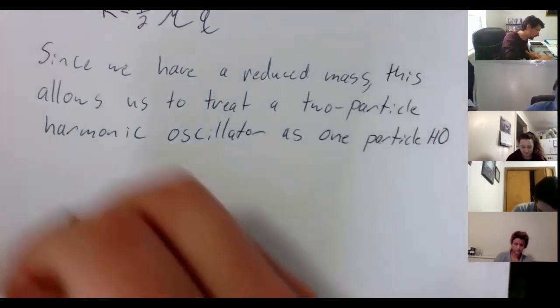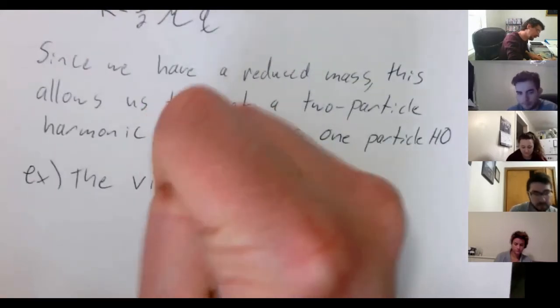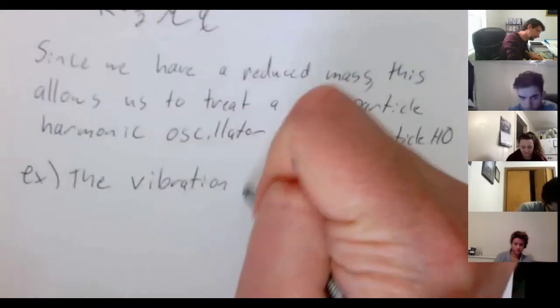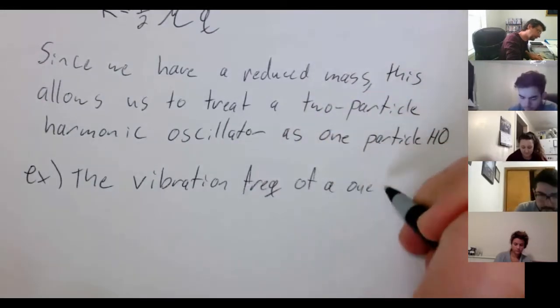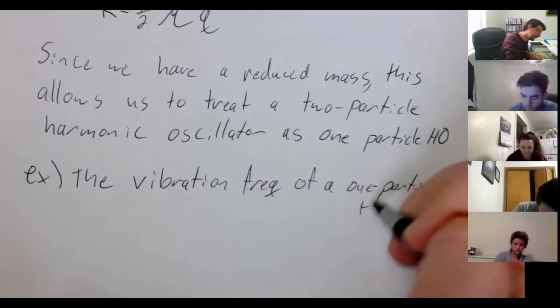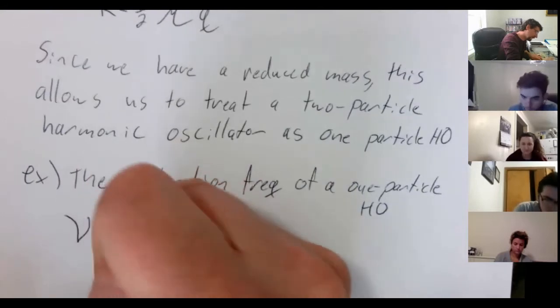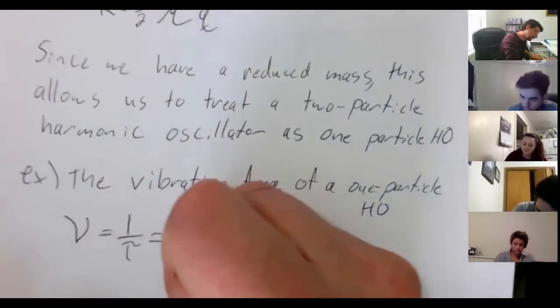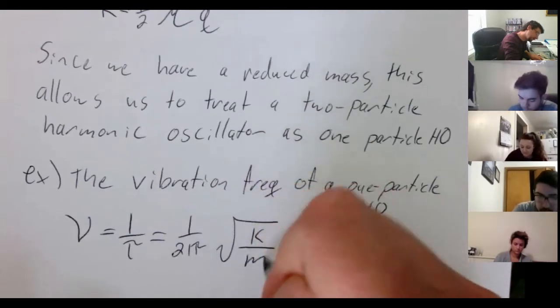So as an example, the vibrational frequency of a one-particle harmonic oscillator, that nu is equal to 1 over tau, which is equal to 1 over 2 pi square root of k over m.